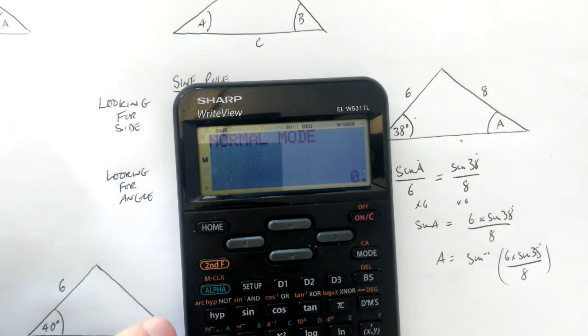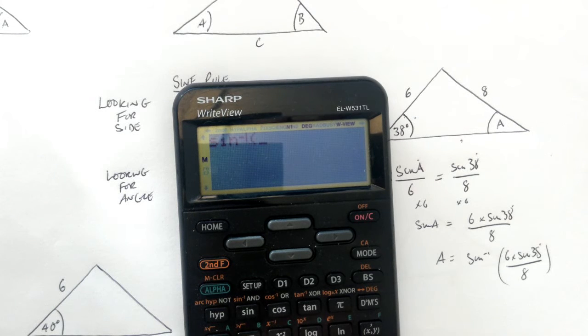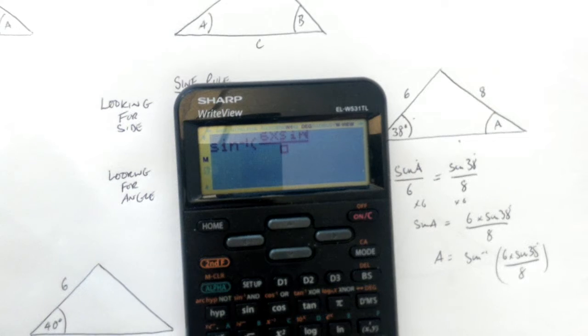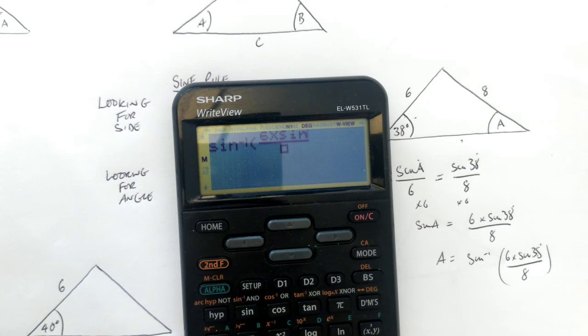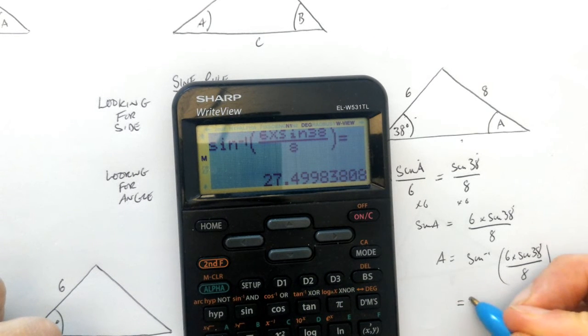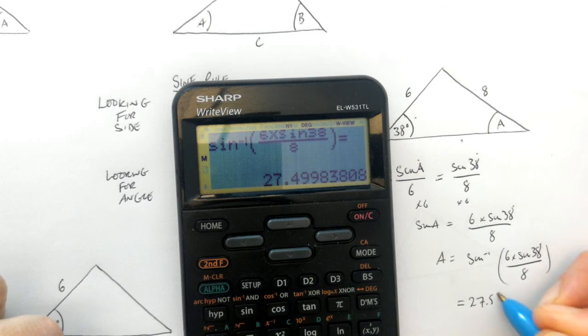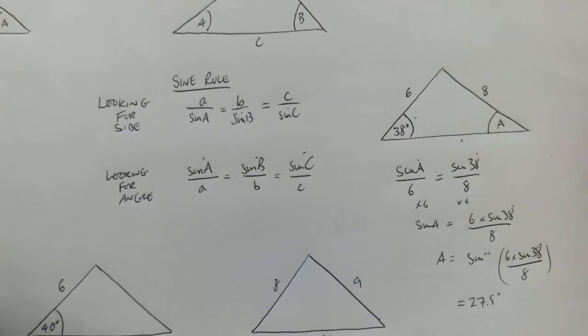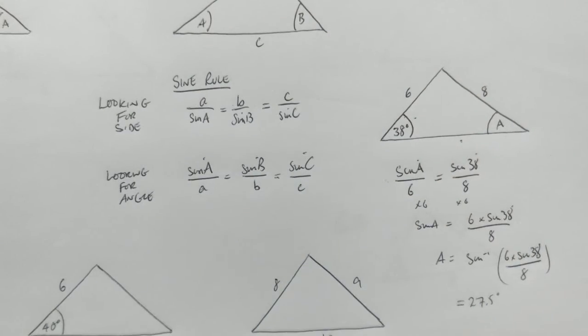So second function, sine, open bracket, use the AB button, 6 times sine 38 over 8, arrow across. Okay, so we know the angle A is 27.5 rounded to 1 decimal place there. So that's just a recap of what we did on Tuesday there, to be honest with you.